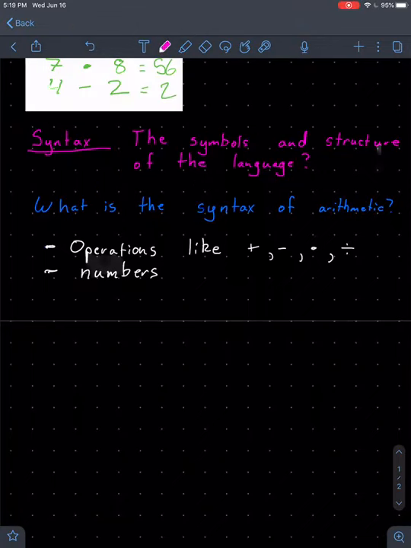We also talk about the semantics, right? So the other big part of the language pie is semantics. This is the meaning of a program.